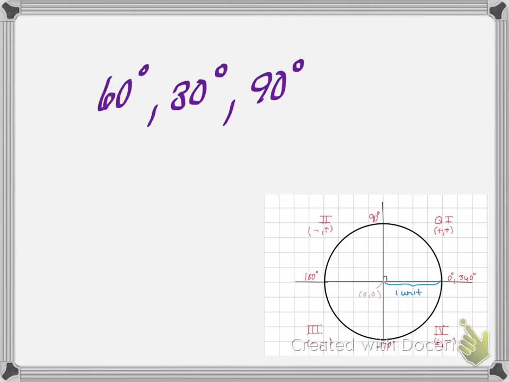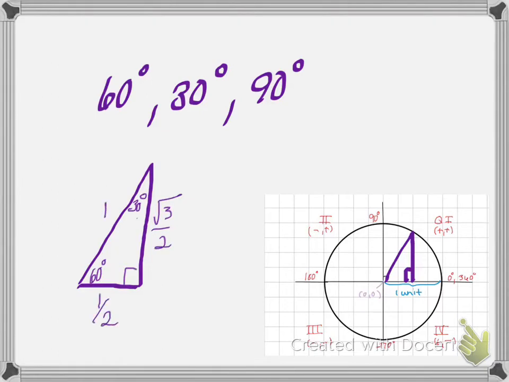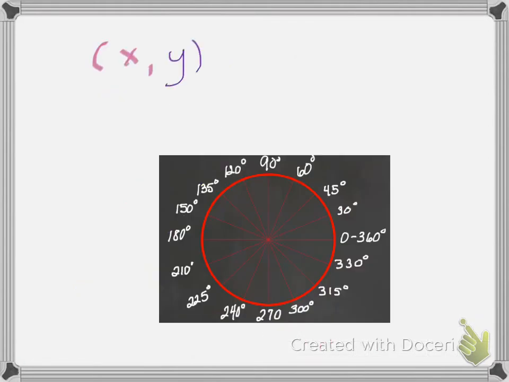And this is actually the same exact triangle, but I'm just trying to show you if it was a 60 degrees at the origin, then it would be centered more like this, and the side opposite the 60 degrees is still the square root of 3 over 2, but that would relate to your y coordinate, whereas 1/2 is on the x-axis, so that would relate to your x coordinate.